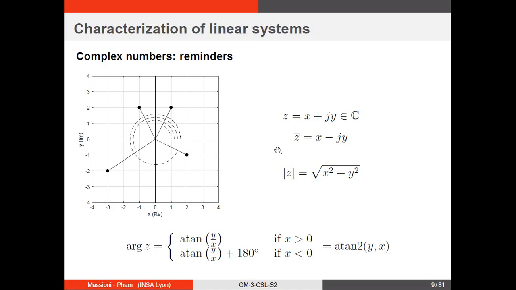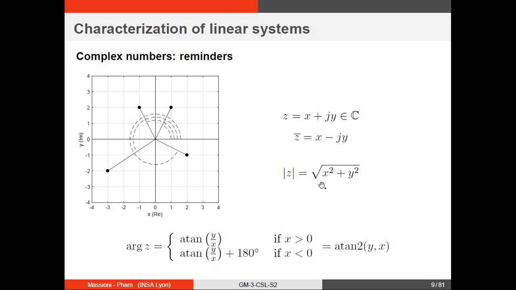Just to recap another concept, the conjugate of a complex number: you just change the sign of the imaginary part. Now, what is more complicated and usually brings a lot of mistakes is computing the argument.